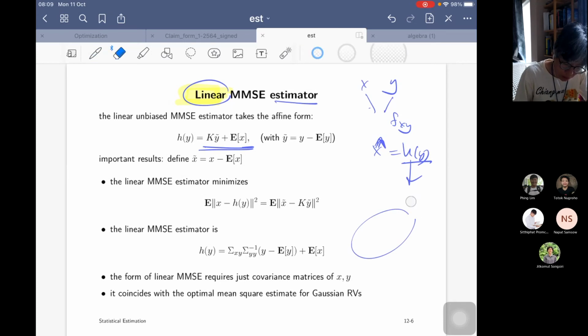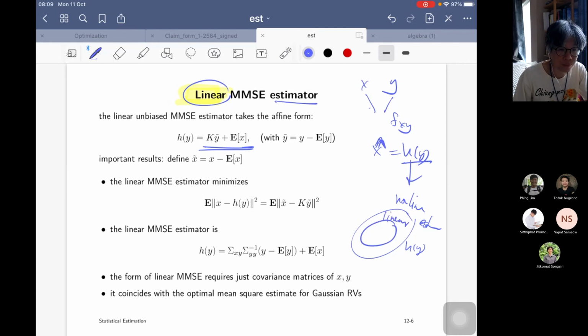So we have MMSE. We have all kinds of estimators in a nonlinear class. This is the set of all kinds of estimators h of y. h can be any nonlinear function. And then we're going to restrict to the linear case. In this one, you assume the form of h, which is K times y tilde plus E of x, where y tilde is basically y with the mean removed.